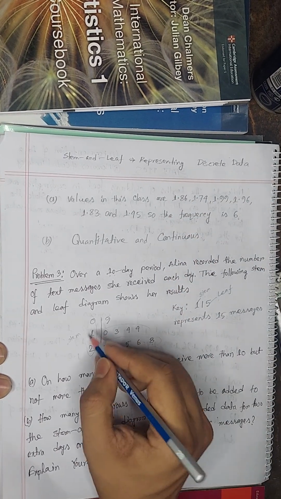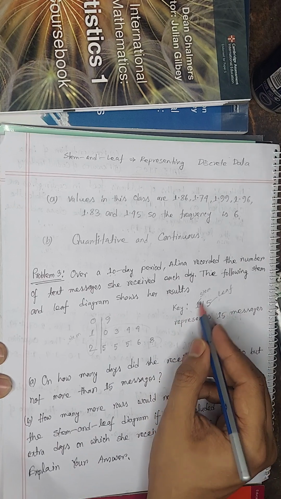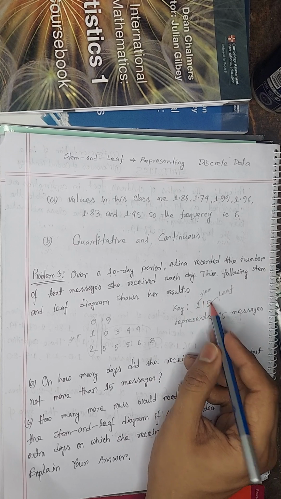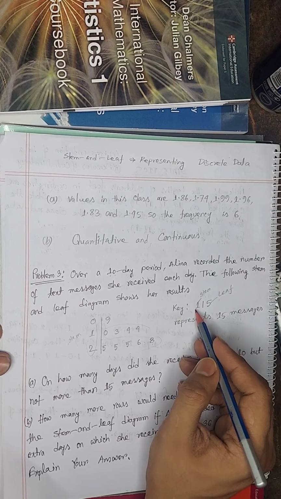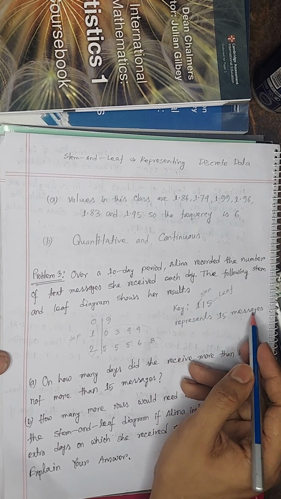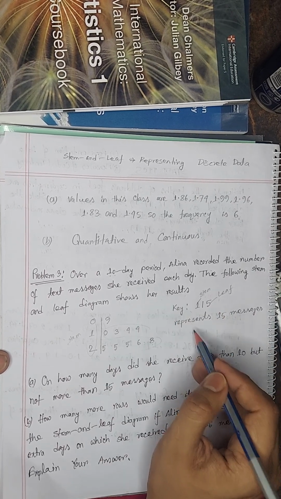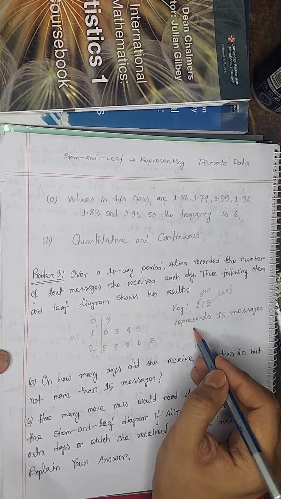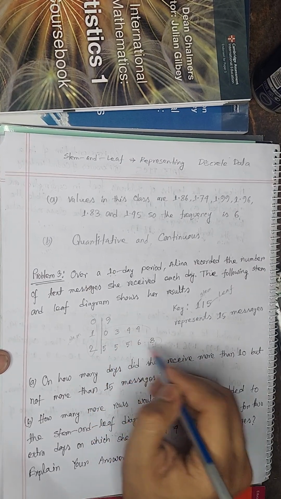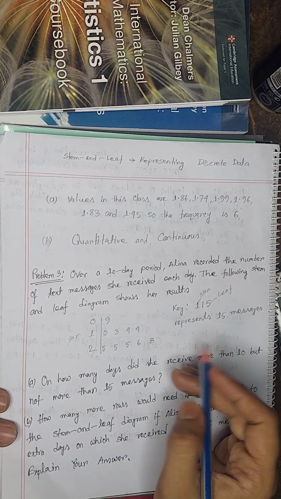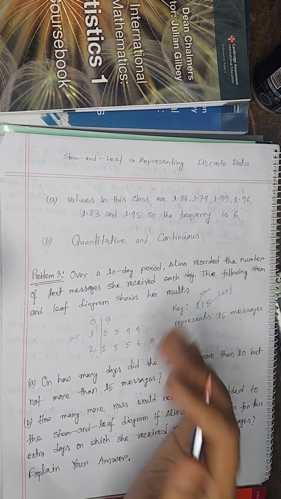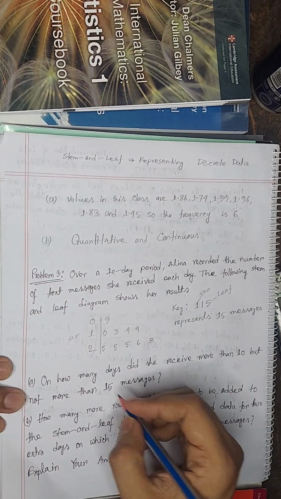Here, this will be a stem first and this will be the leaf, and combined, 15 represents 15 messages. So these numbers are the stem and these are the leaf for every data, and so this is a way of representing discrete data, stem and leaf.